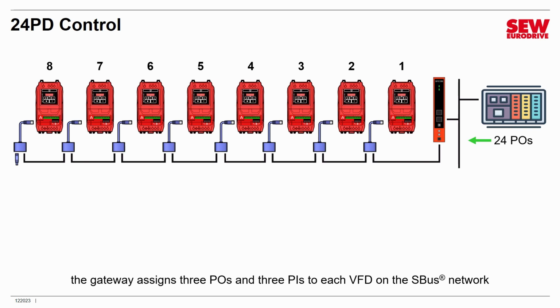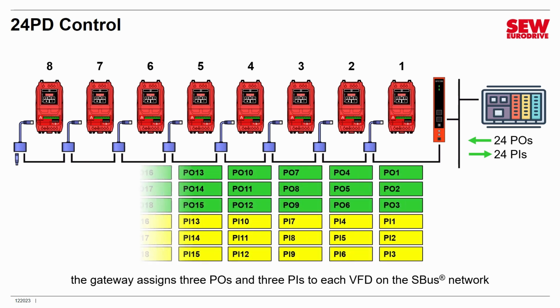So what will happen is the PLC will send 24 POs to the gateway, and the gateway will divide those up into units of 3, and it will send 3 to VFD1, 3 to VFD2, and on down the chain to 8. The VFDs will send back their PIs. The gateway will assemble them into a big block of 24 PIs, and it will send that back to the PLC.